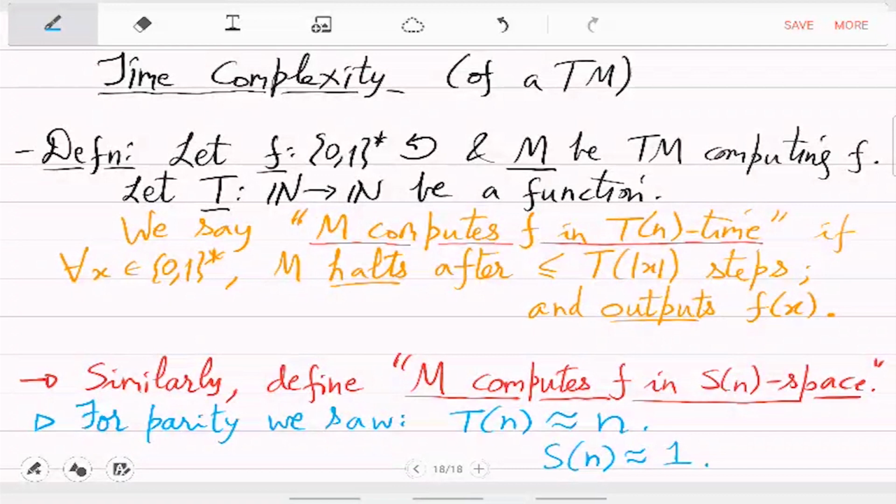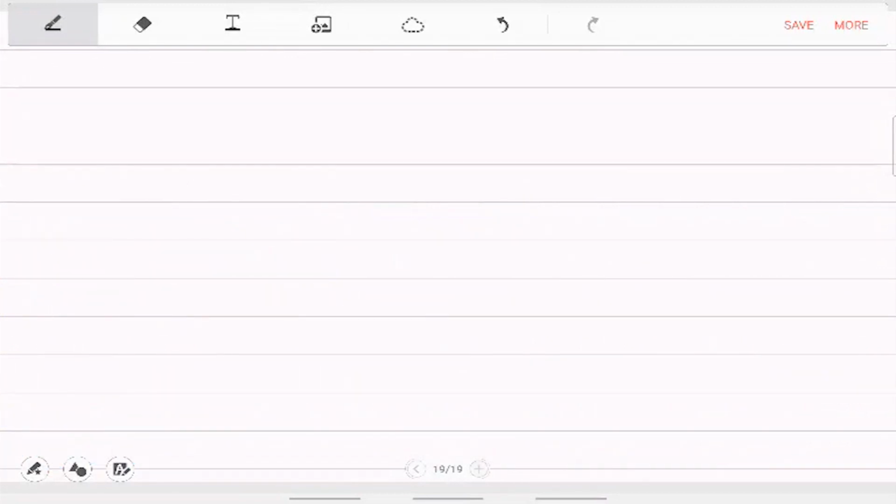No work tape cell was used, and one output bit was written. That is what happened in this example Turing machine. Now we also don't want to be too precise with the T and S functions. We want to again get a ballpark estimate for these functions. For that we will formalize asymptotics. So what is asymptotic notation?